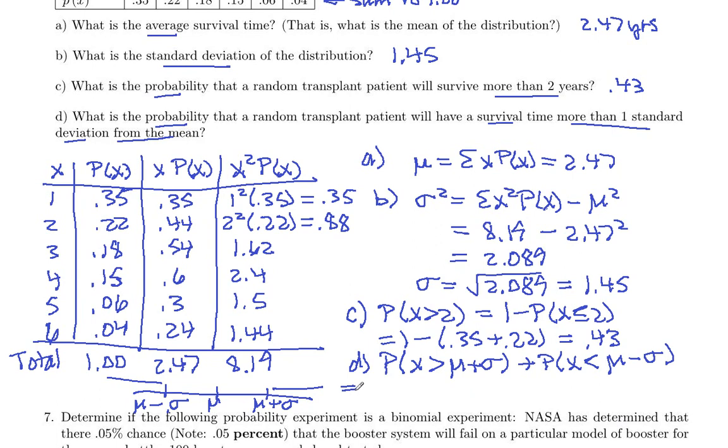So let's see here. Mean is 2.47, standard deviation 1.45. So this would be probability x is greater than 2.47 plus 1.45, plus probability x is less than 2.47 minus 1.45.